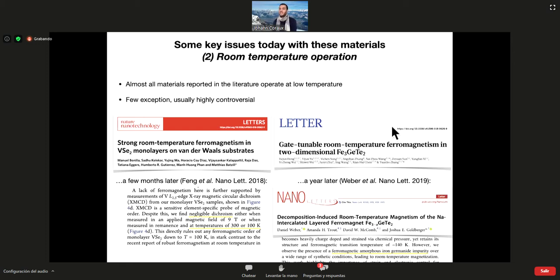And a year later, with a detailed physicochemical analysis, it was found that what happens when you do this process of ion gating is that you have an intercalation of some of the ion gate into the compound that deeply alters the composition of the layered compound.